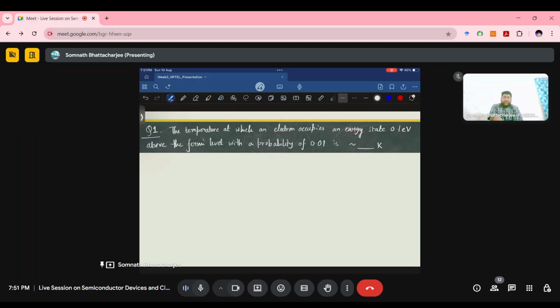So we need to find the temperature at which the electron occupies the energy state 0.1 eV above the Fermi level with a probability of 0.01. What would be the temperature?